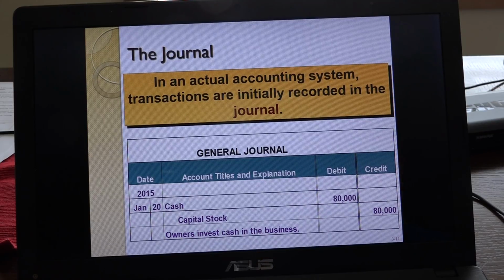But even with the computer software systems, you have a separate general journal you can look at. If you want more detail, you can go to, in this case, the cash ledger account or the capital stock ledger account.